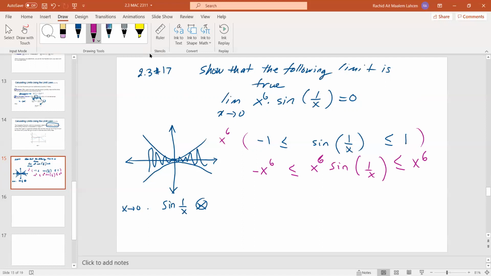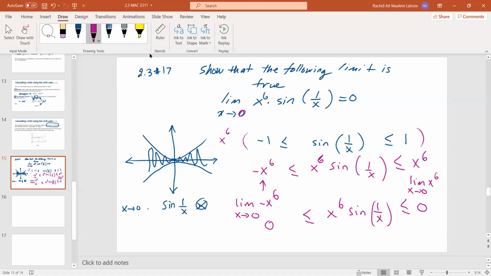Now let's look into the limit of negative x to the 6th as x approaches 0, because we're interested in 0. Well, you can use direct substitution, and it's just going to be 0. And what is the limit of x to the 6th as x approaches 0? Same thing, direct substitution, it's going to be 0.